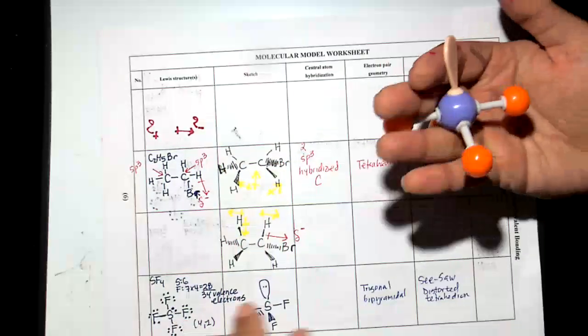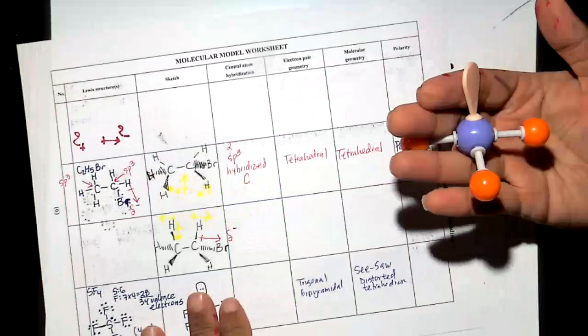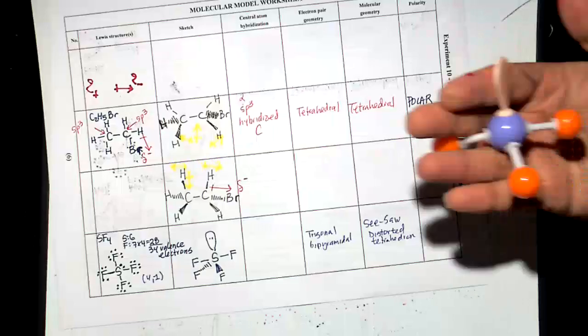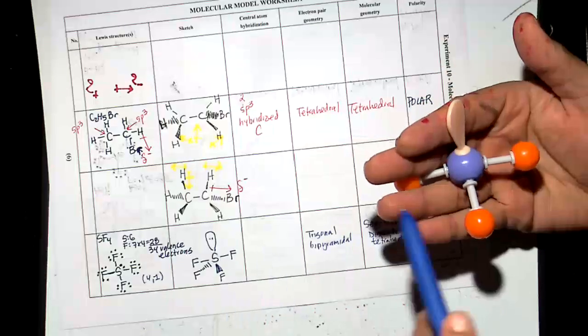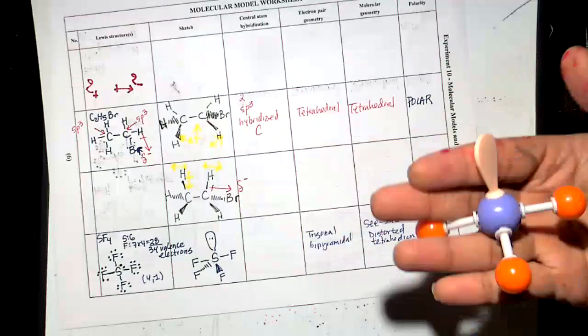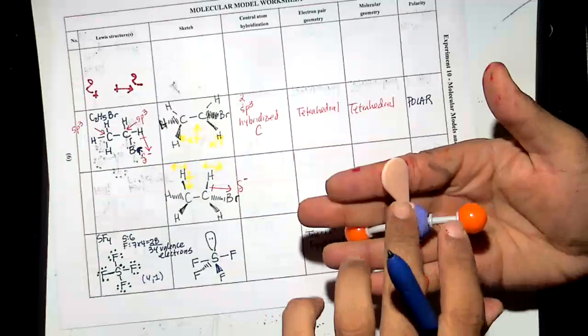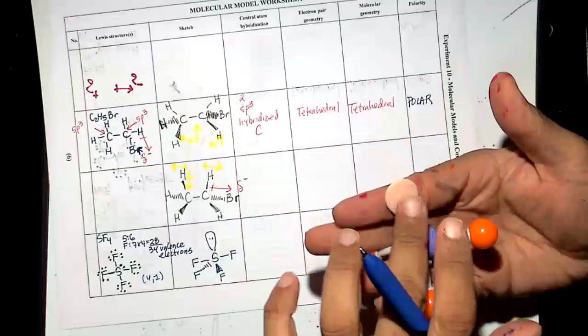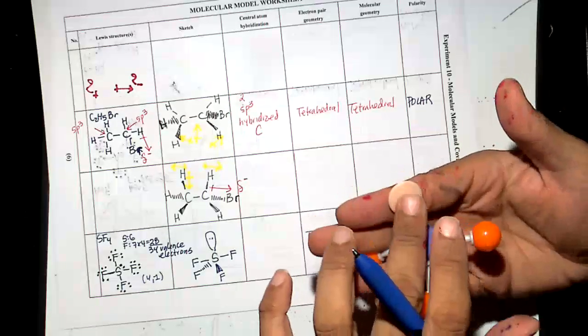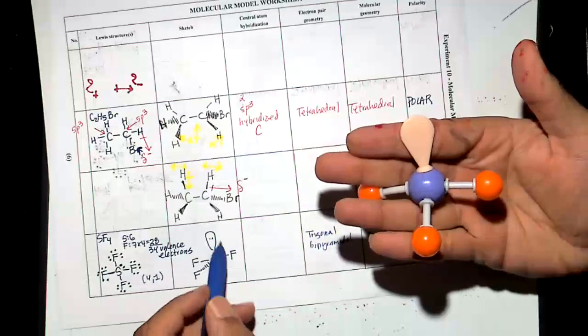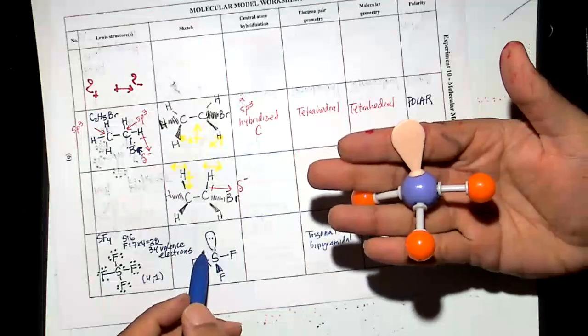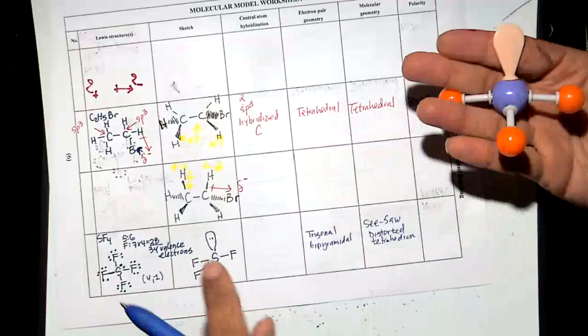Okay, is this polar or nonpolar? This pulls fluorine, this pulls fluorine, this pulls fluorine, this pulls fluorine, but what does this pull? That's an electron pair, right? Is this symmetric or not symmetric?